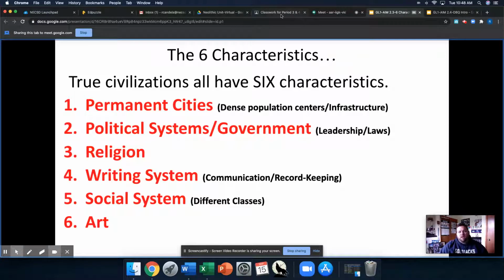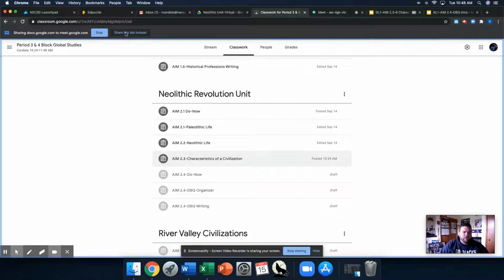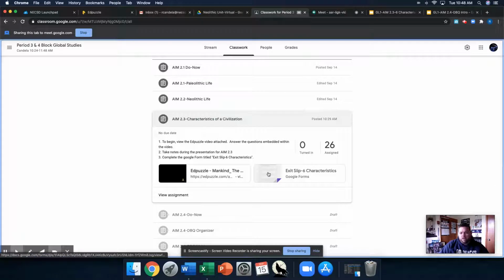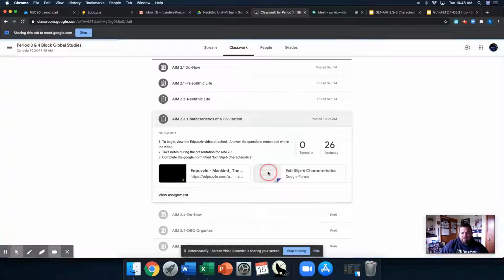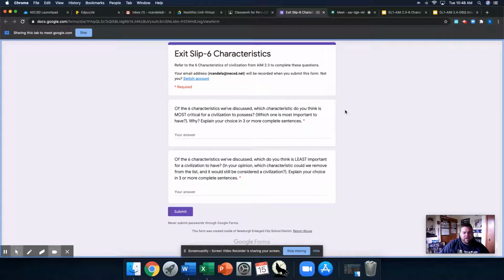So essentially, what we're going to do here is jump over to the classwork page, AIM 2.3, and go to the exit slip. The exit slip is really just two questions today. The first question is, of these six characteristics we've discussed, which characteristic do you think is most critical for a civilization to possess?